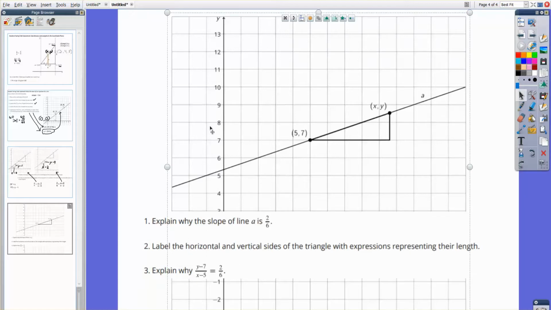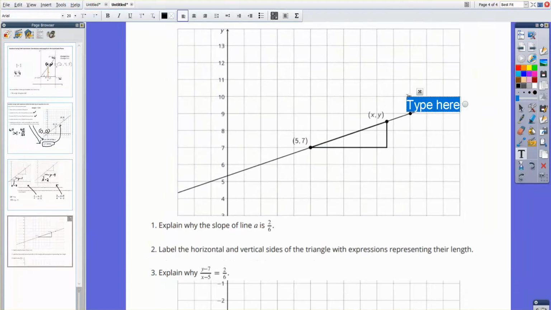Okay. Why the slope is 2 over 6. If I look at this point here, the line has an x-coordinate, y-coordinate right there, and the x-y pair of this particular point here is going to be, oops, I forgot the parentheses. I'm sorry, did I say 7?